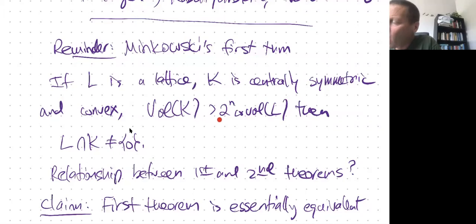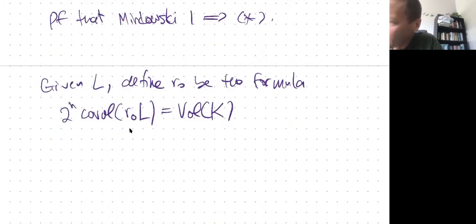So if R is smaller than R0, if you inflate L by R and R is smaller than R0, then you get the inequality that you need in order to apply Minkowski's theorem. Let me first say that this formula is equivalent to the formula that says that R0 to the n is the volume of K.